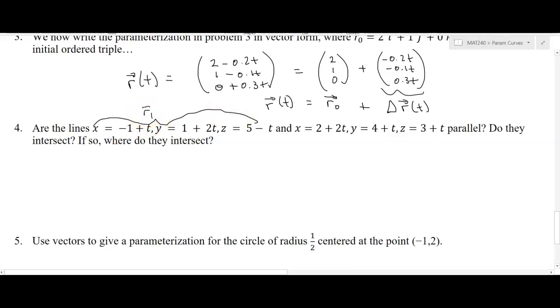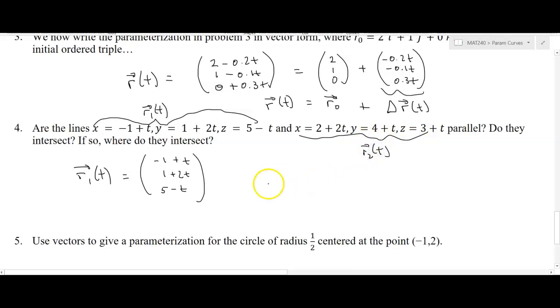We'll call the first r1 of t, which I can write as the x component, the y component, and the z component. The second vector, r sub 2 of t, I can write as x is 2 plus 2t, y is 4 plus t, and z is 3 plus t.